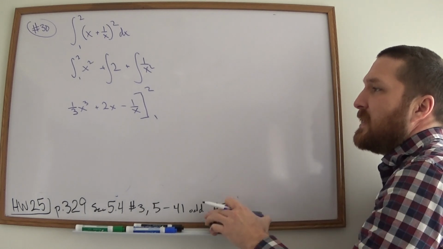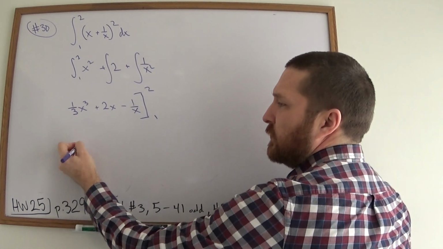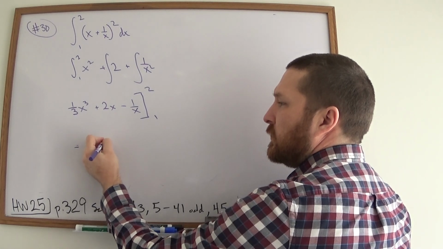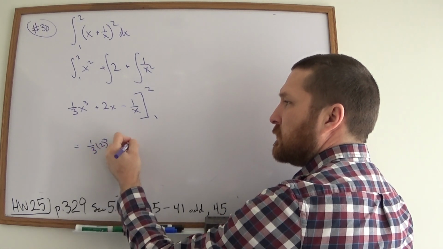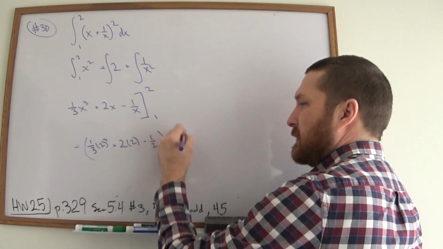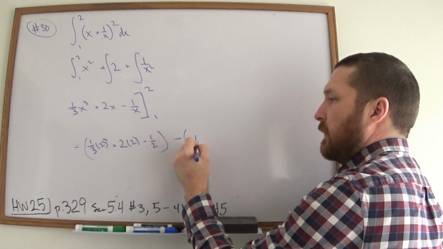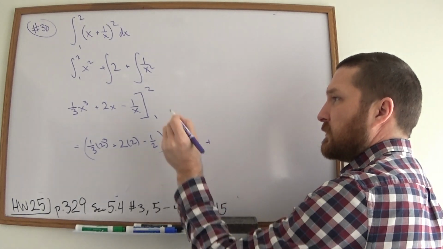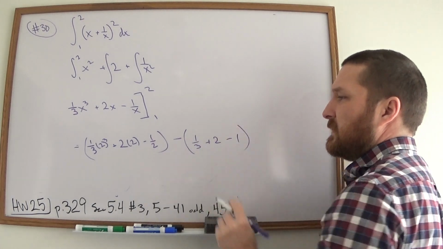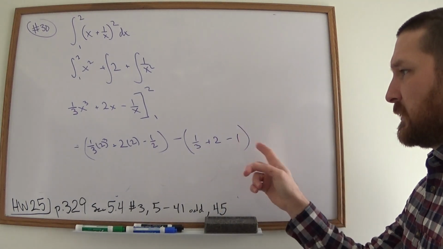Okay, now I'm going to evaluate at 2 and 1. So 1/3 2 cubed plus 2 minus 1 over 2, minus 1/3 plus 2 minus 1. Let's see if we can do anything tricky here.